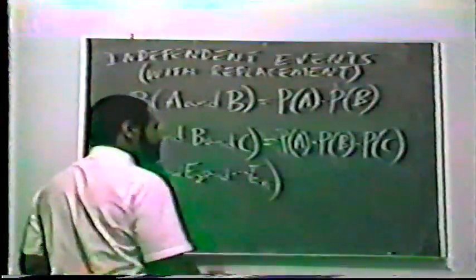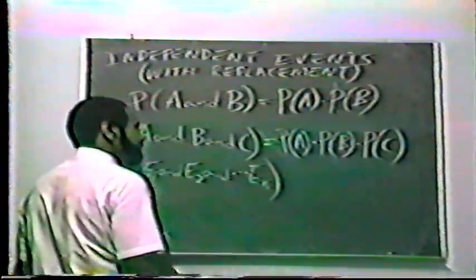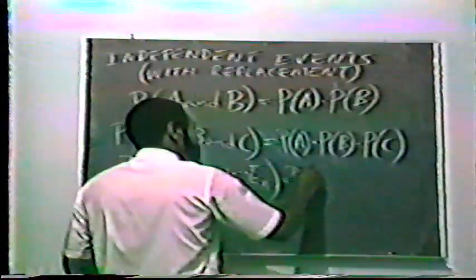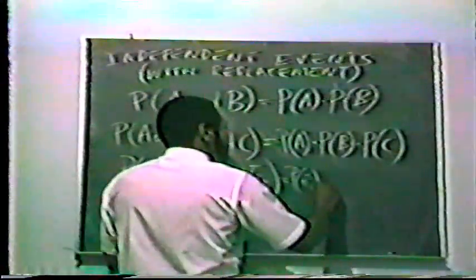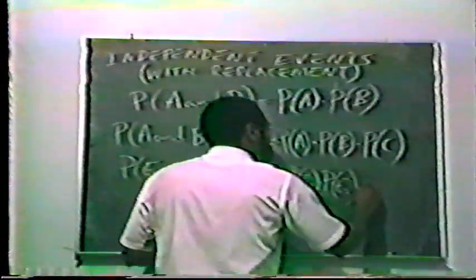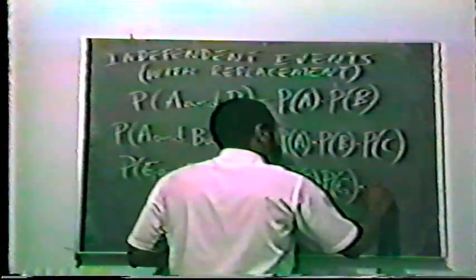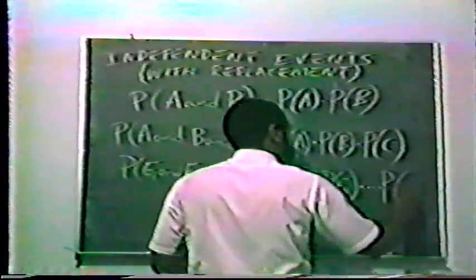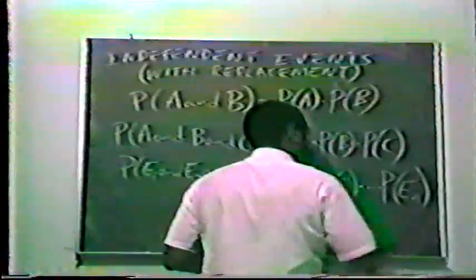Event n and a number of events, that probability would be equal to the simple probability of event 1 times the simple probability of event 2 times the simple probability of E sub n.